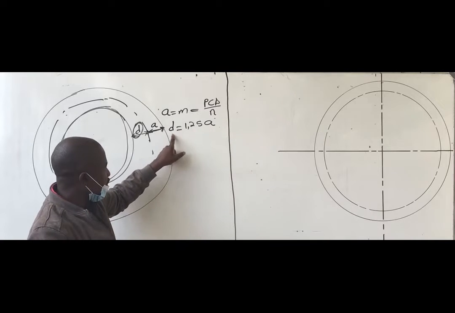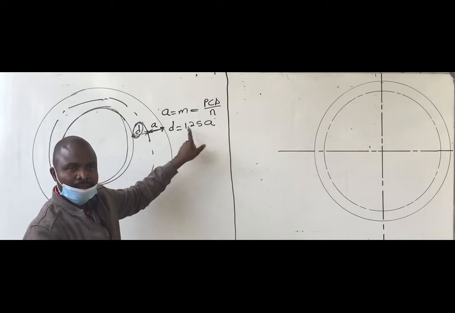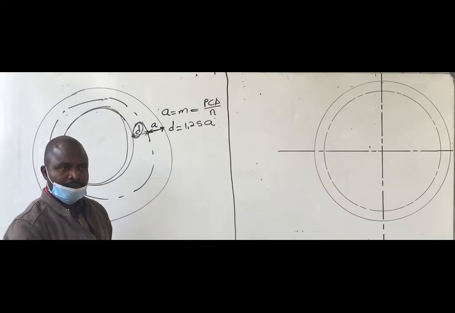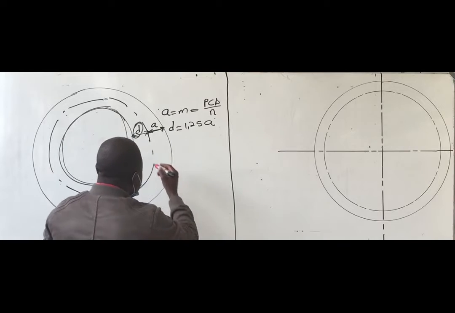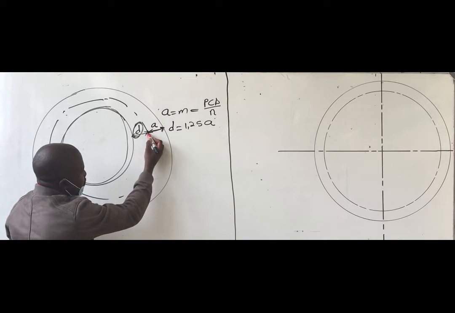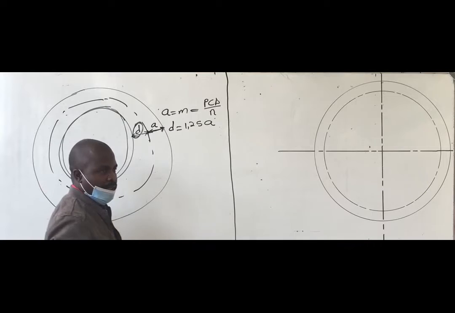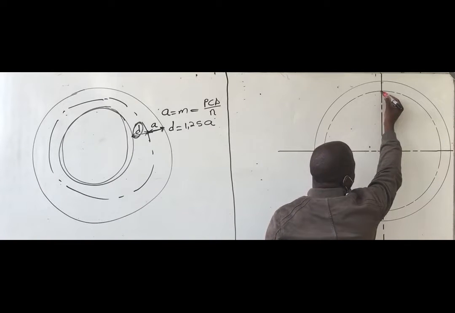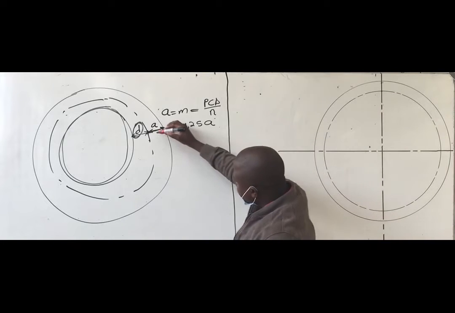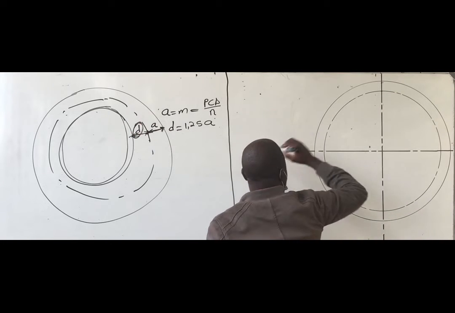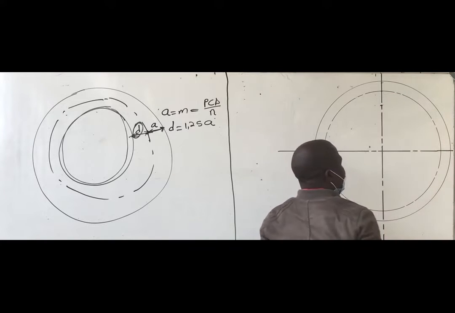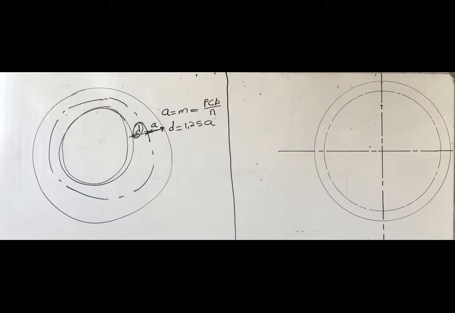So to get your dedendum, you multiply that 10 by 1.25, which gives 12.5. Because dedendum is the distance between PCD and the root diameter, you measure from PCD going down towards the center. Same applies here, going towards the center, you must measure 12.5.